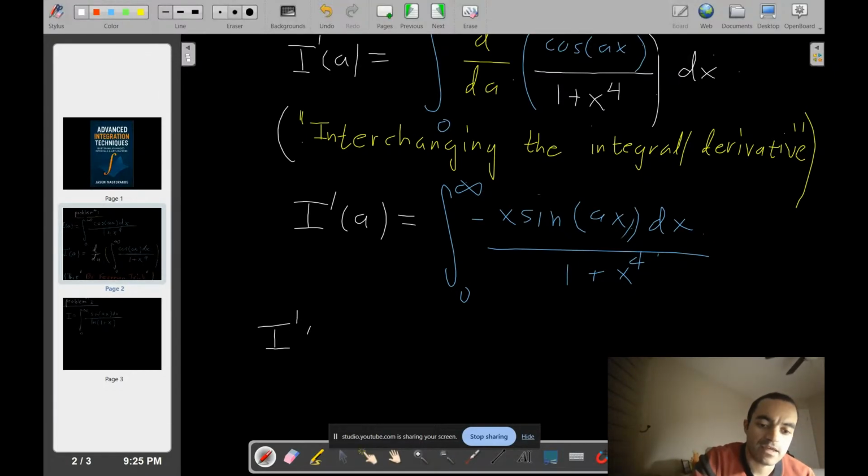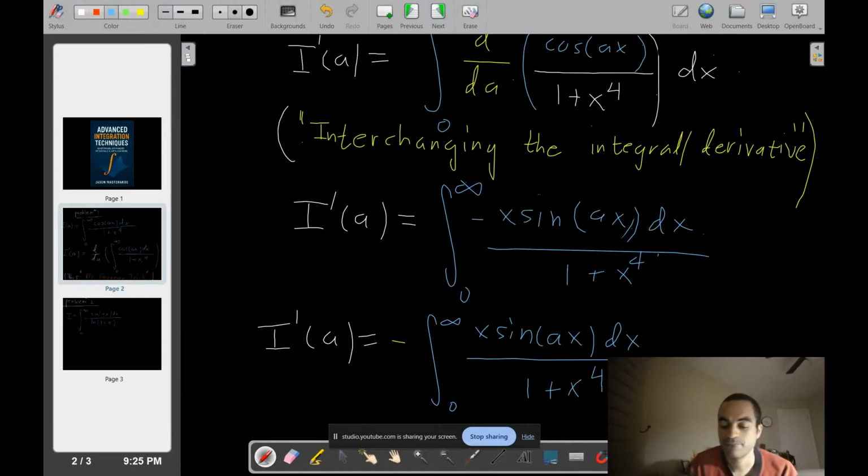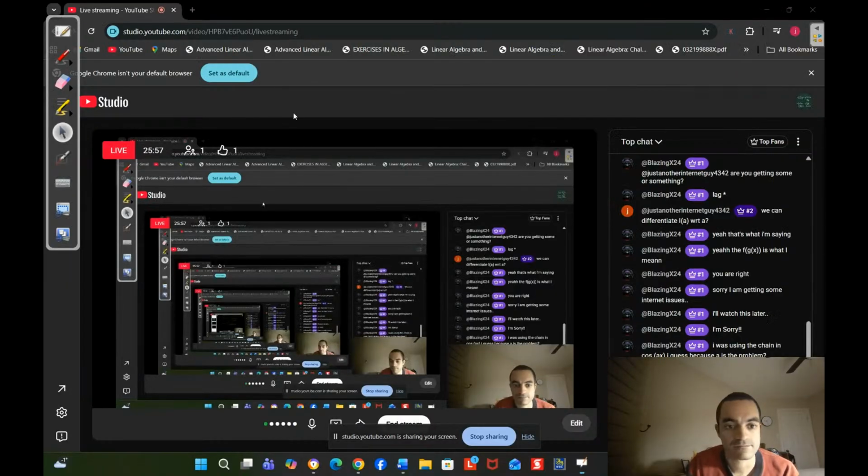So I prime of A is equal to negative the integral from 0 to infinity of x sine of ax dx all over 1 plus x to the 4. Any questions? Who has questions so far?